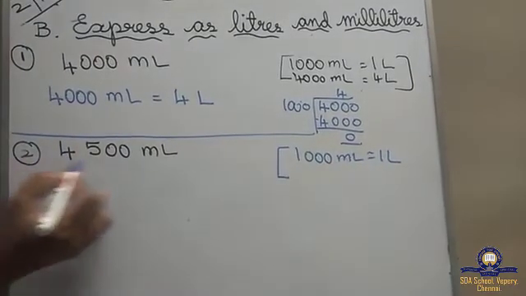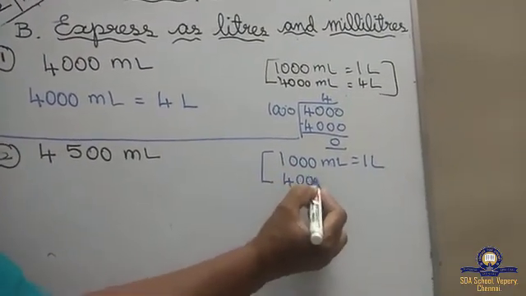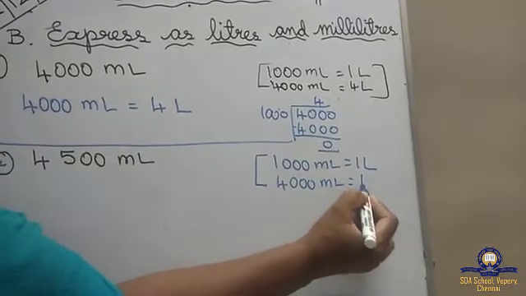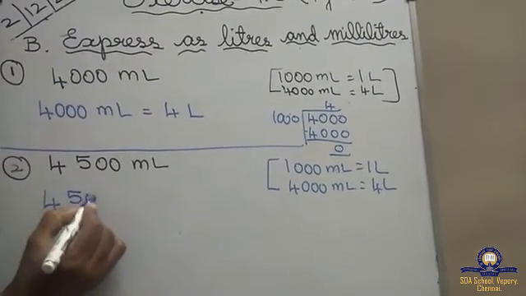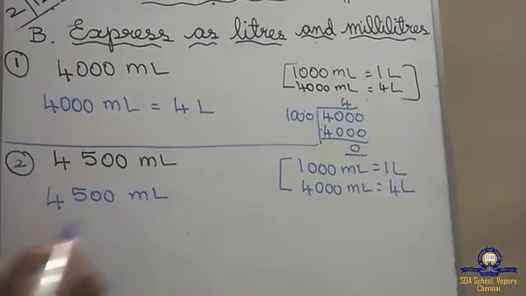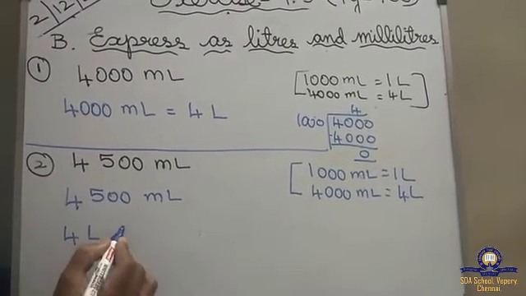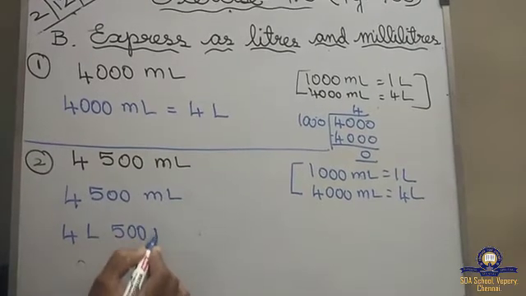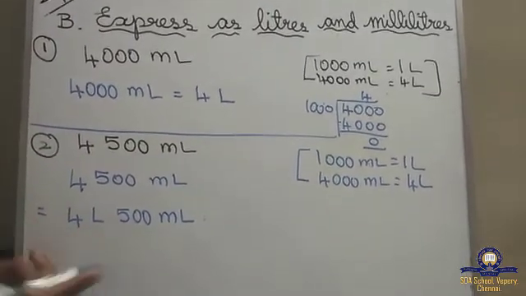So here 4000 is given, 4500. So 4000 ml is equal to 4 liter. Isn't it, children? So while writing 4000 ml, what you can write? 4 liter, 500 ml. Easy, no? 4 liter 500 ml.